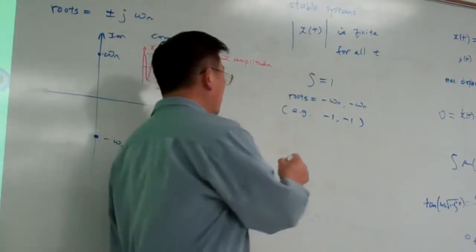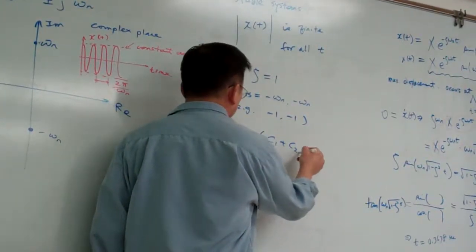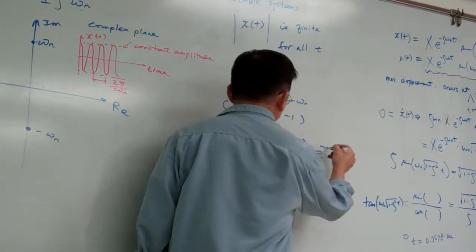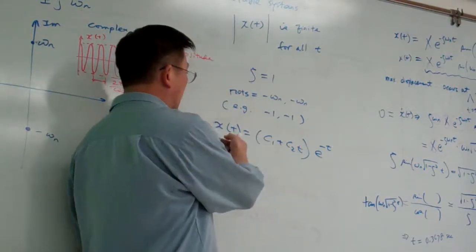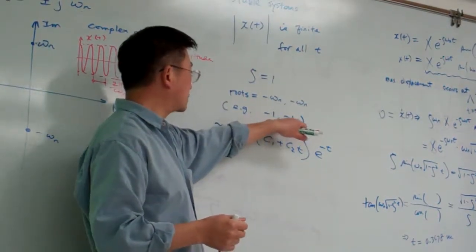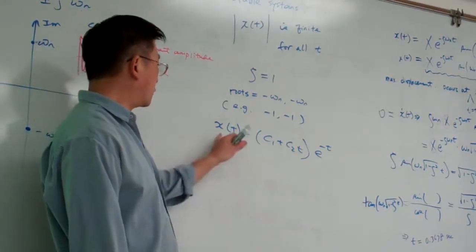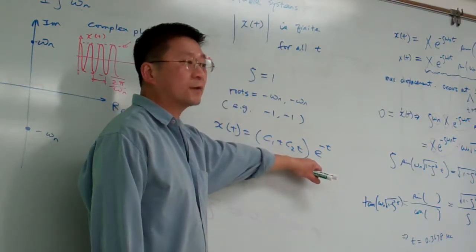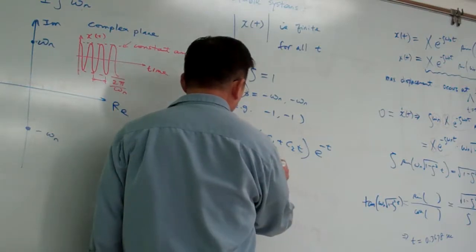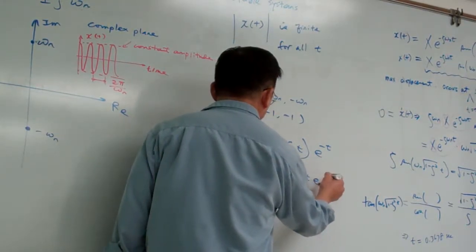In this case, we know the result is C1 plus C2 t times the exponential of minus t. Let me use numbers for illustration. If we have a repeated root like minus 1, the solution has two parts: C1 e to the minus t plus C2 t times e to the minus t.